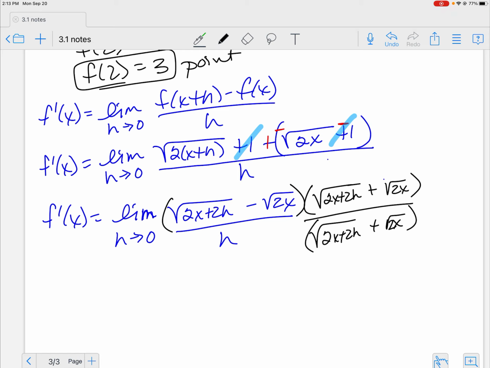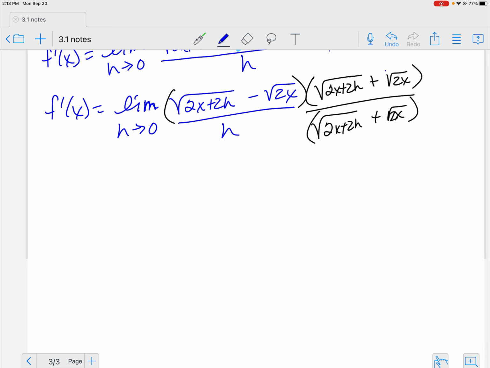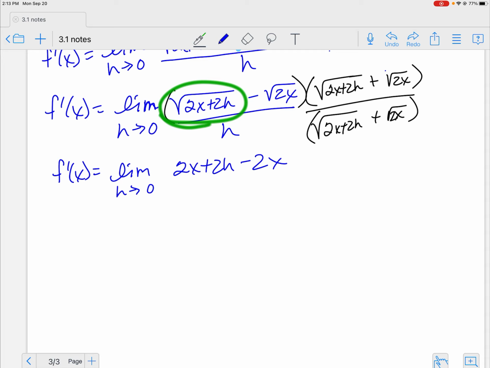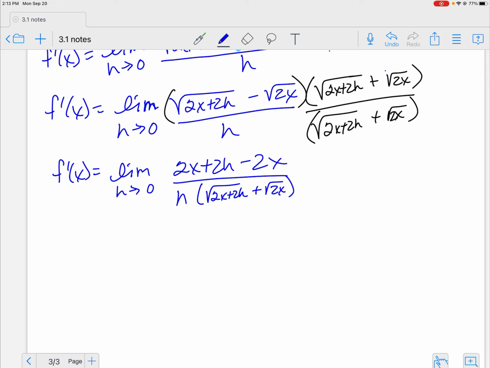Then this is the difference of squares. Square the first term minus square the second term. That's that same pattern that keeps showing up when you do a conjugate. That's the whole point of the conjugate. So I have the limit as h approaches 0 of 2x plus 2h minus 2x, because you're squaring a square root, so the square and the square root cancel. All over h times the square root of 2x plus 2h plus the square root of 2x.